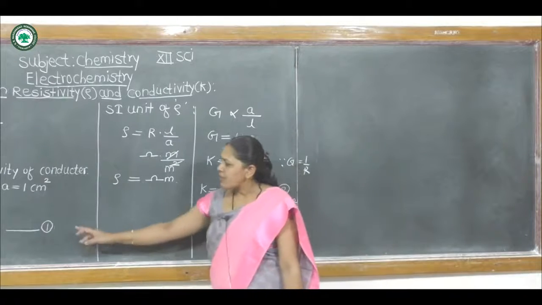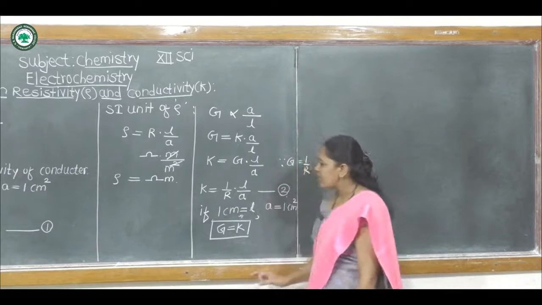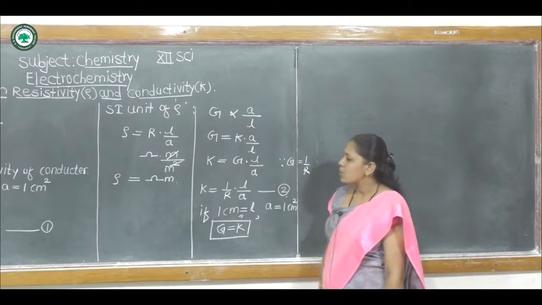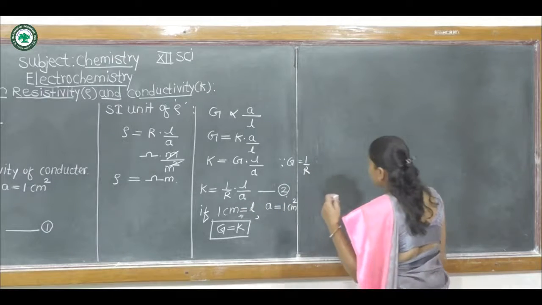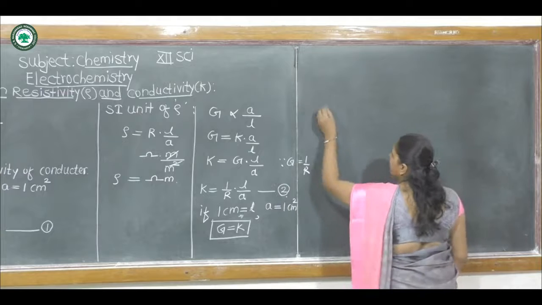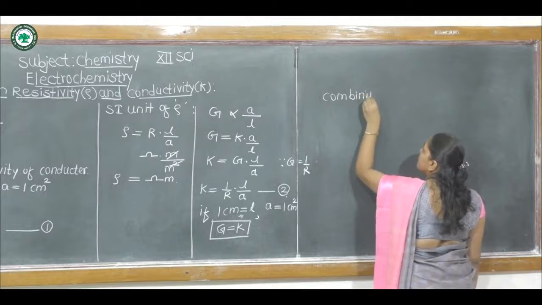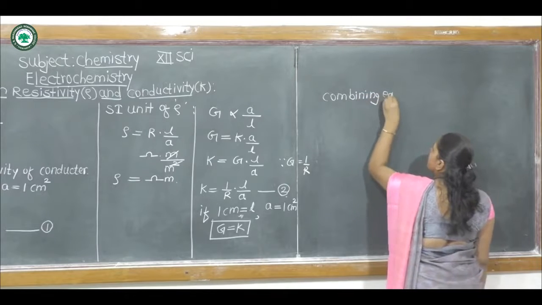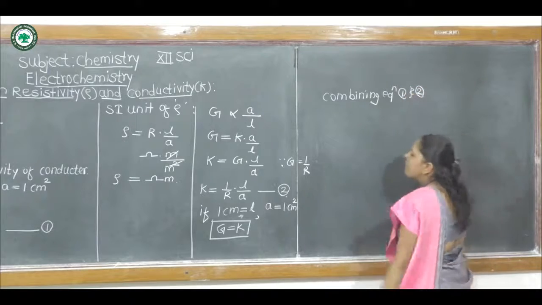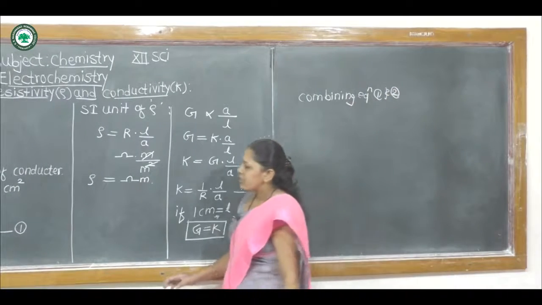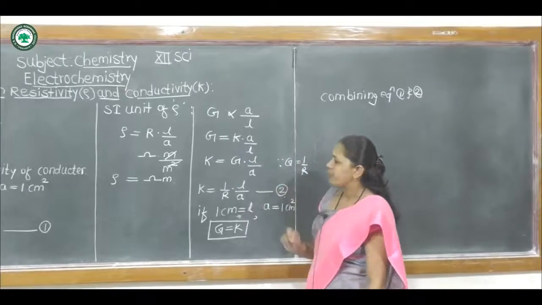Then observing equation number 1, rho is equal to RA upon L and K is equal to L upon RA. Combining equation number 1 and 2, what is the relation between them?